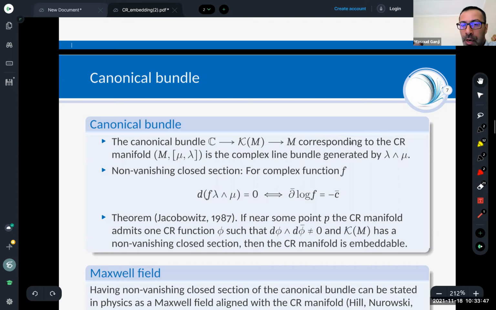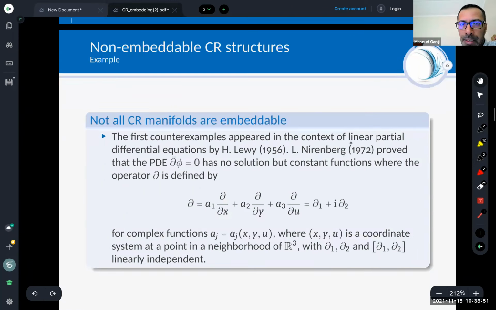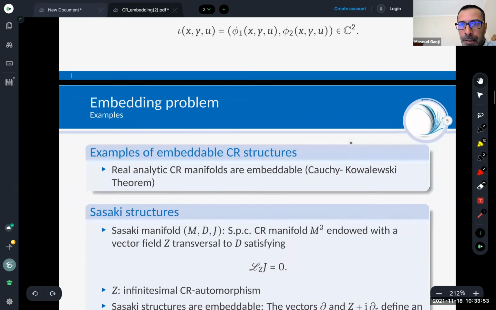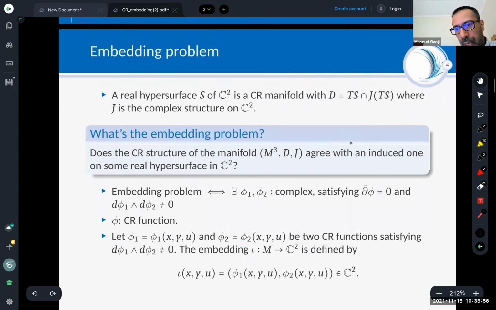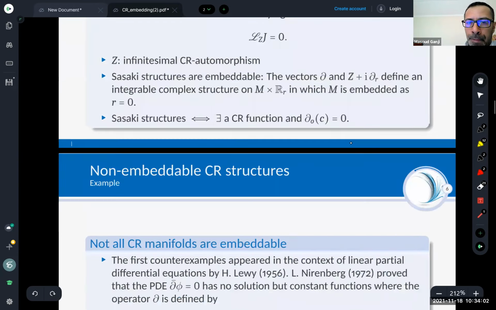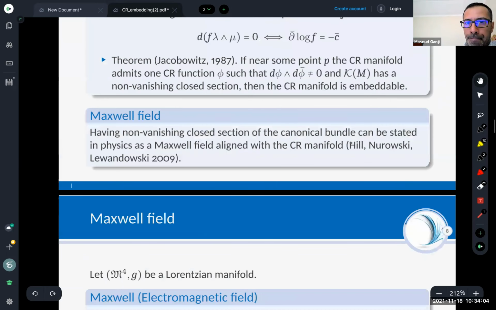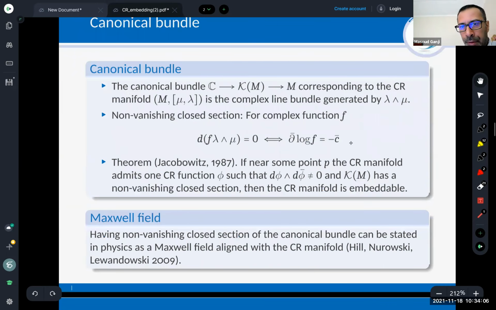Having a CR function means this equation is satisfied. If you could solve these two equations, the embedding problem is solved, which is not that easy.